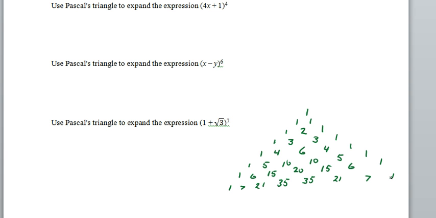There we go. In the first case, we are wanting to expand the expression 4x plus 1 to the fourth. Our first term in the binomial we'll consider a, and the second b, so that we are considering an expansion of a binomial a plus b to the fourth.